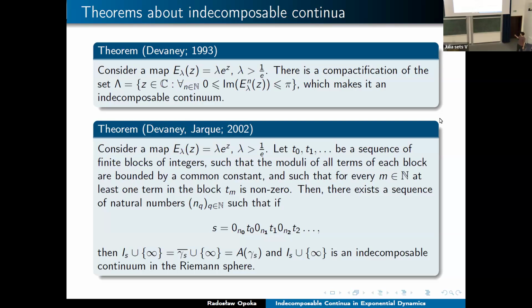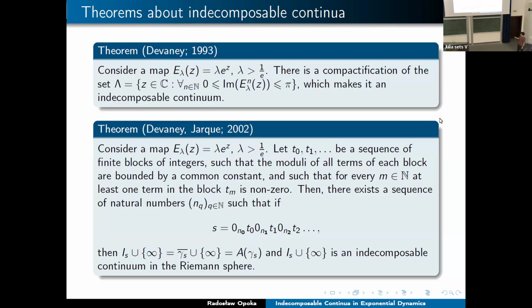So in other words, if we create the itinerary from these blocks, this itinerary is bounded. And under such assumptions, we can find a sequence of natural numbers such that if we create such an itinerary, with a block of 0 with length given by the index, we can find a large enough block of 0 that the set IS for such an itinerary is an indecomposable continuum together with the point at infinity.